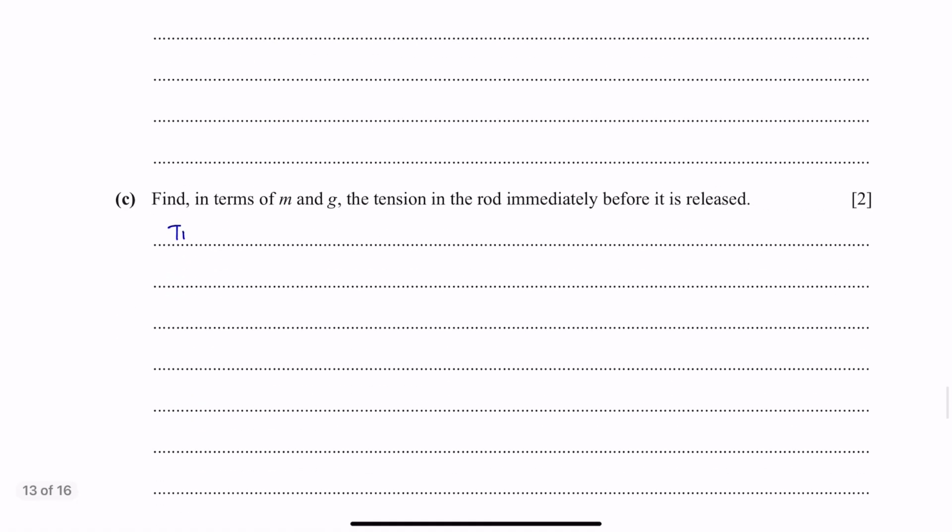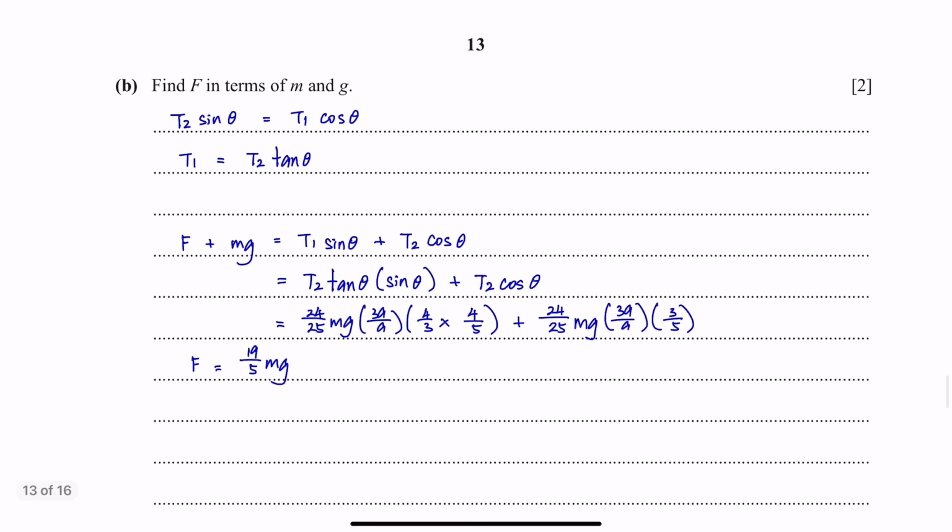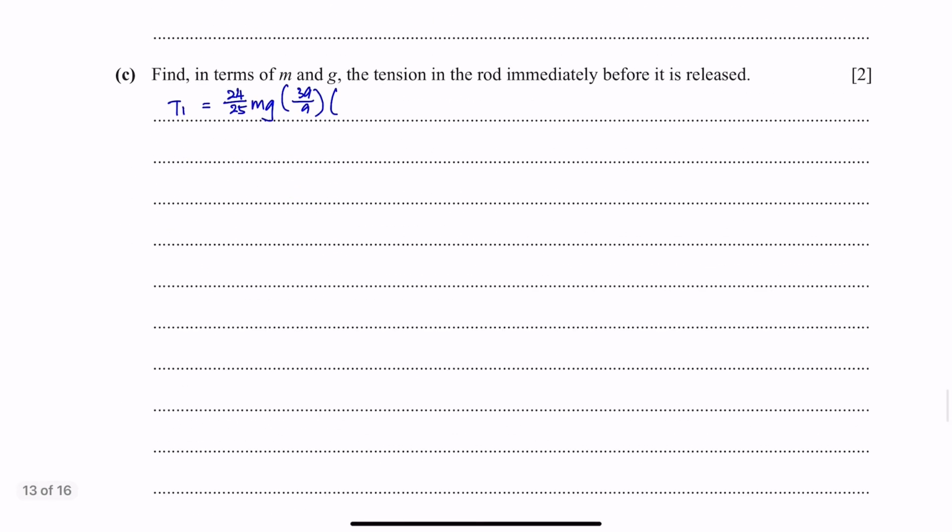So T2 is 24 over 25 mg times 3a over a, and tangent theta would be 4 over 3. So this would give us 96 over 25 mg.